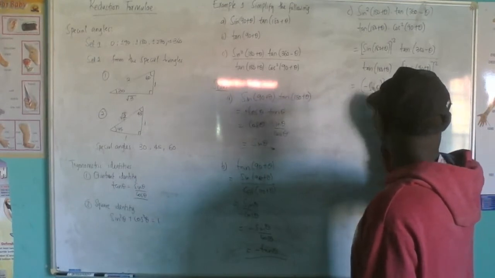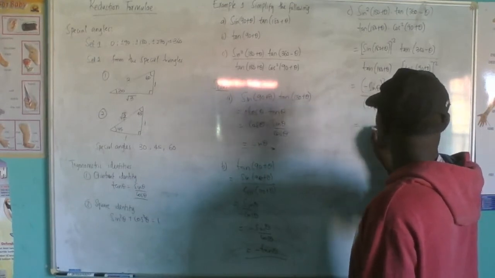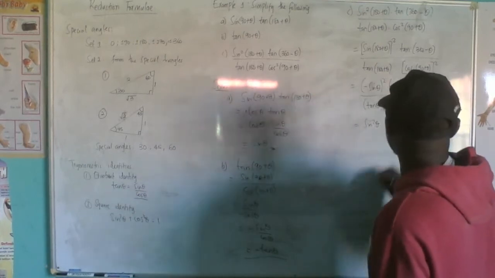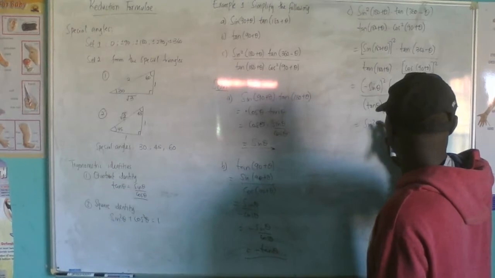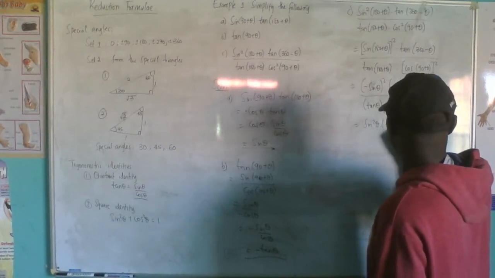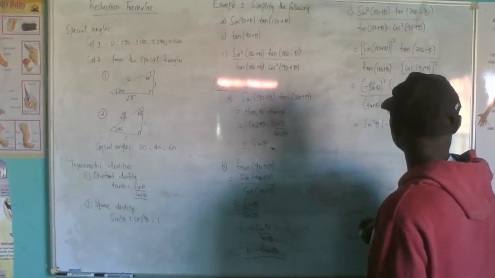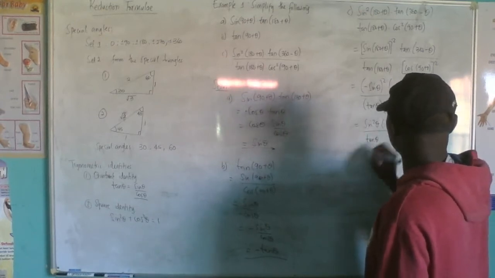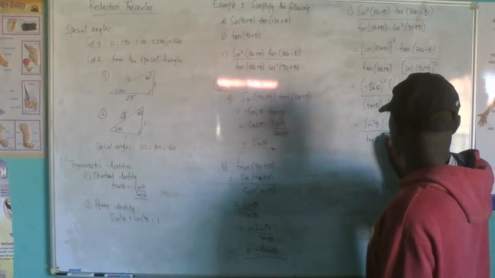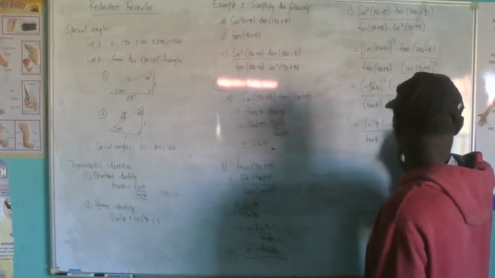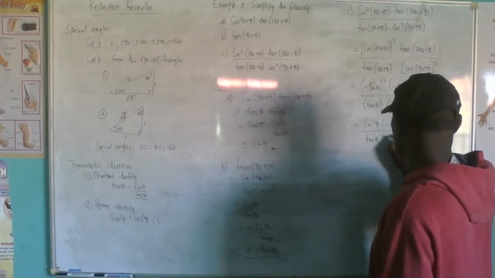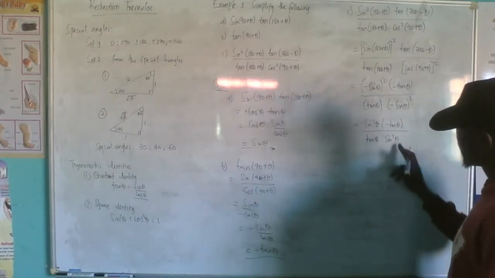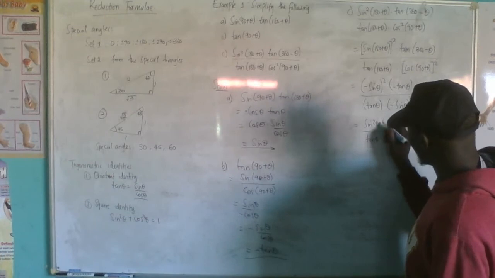The square vanishes the negative, so it becomes sine squared theta. This still remains minus tan theta, over tan theta, and the square again vanishes the negative, so that means sine squared theta. So I have sine squared theta and sine squared theta, which will cancel.